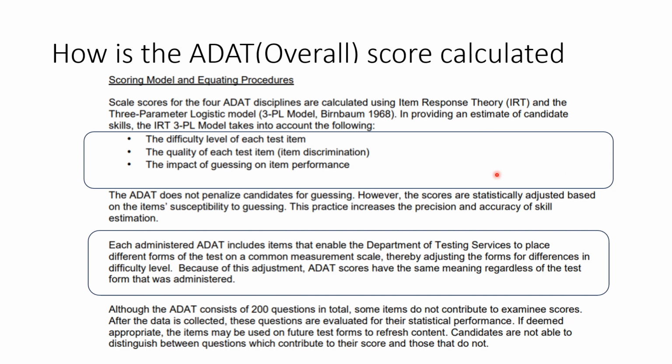So your score does not depend solely on how many questions you answered correctly, because each question has different weightage. Here, as you can see, they have mentioned the scores are statistically adjusted based on the item's susceptibility to guessing. So it's not only the number of questions you answer correctly.